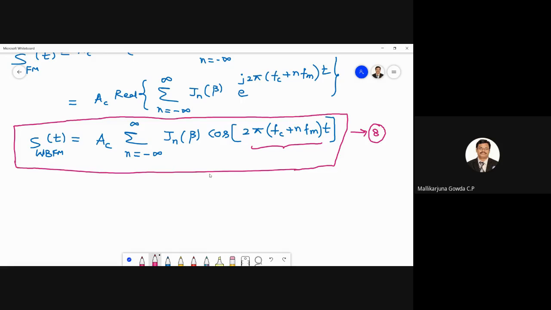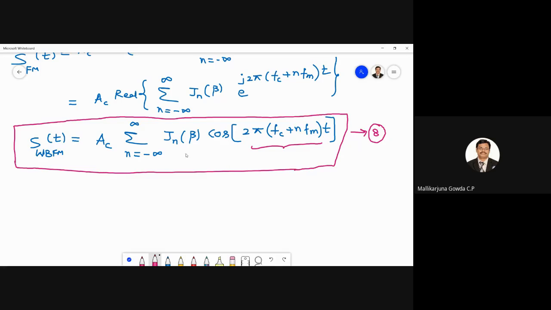When n is equal to plus or minus 2, we get cos of fc plus 2fm as one component and fc minus 2fm as another. Like that, it will have an infinite number of sidebands. So the wideband frequency modulated signal has an infinite number of sidebands, but narrowband FM has only one pair, the upper sideband and the lower sideband.